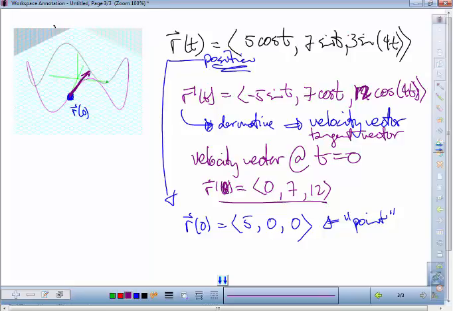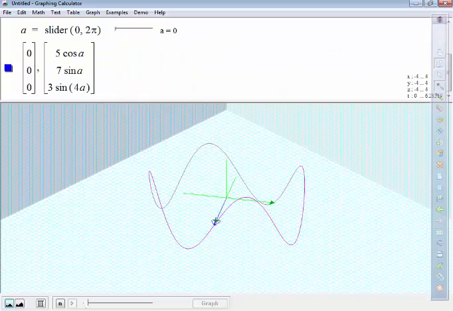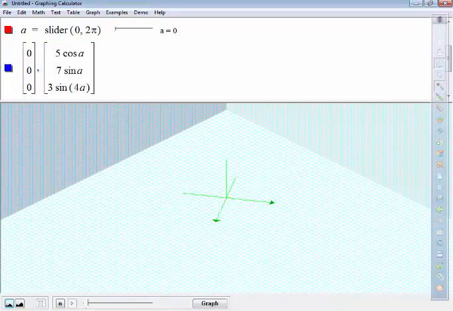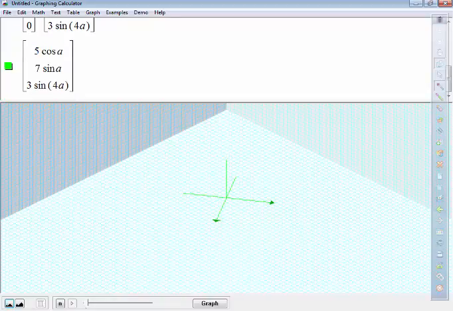So I'm going to create this vector in my drawing. The way to create this is that when I do vectors in this program, I need my tail first and then my head.